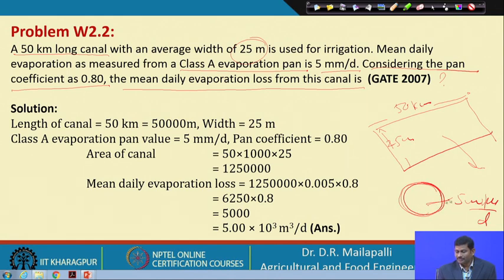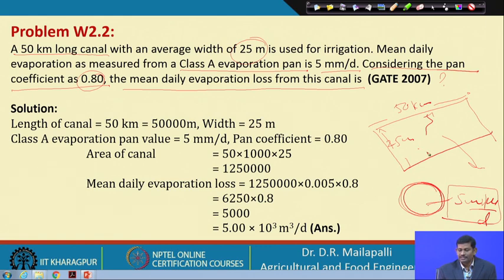The evaporation from the pan evaporimeter is not the same as the evaporation from the reservoir or the canal. So, if you multiply the pan evaporation with the pan coefficient 0.8, you get the evaporation from the canal.